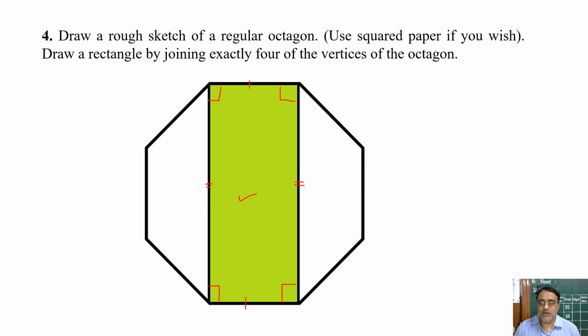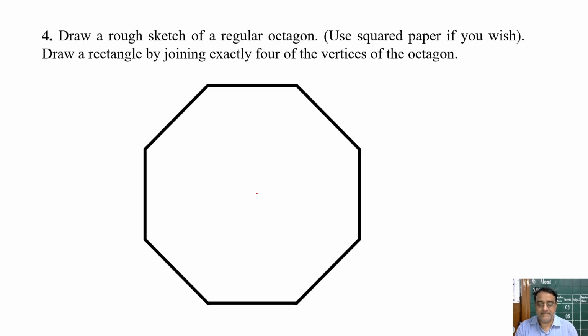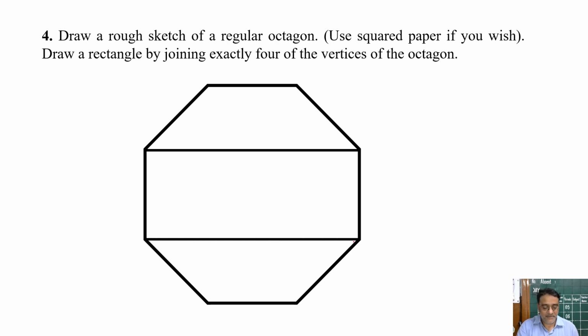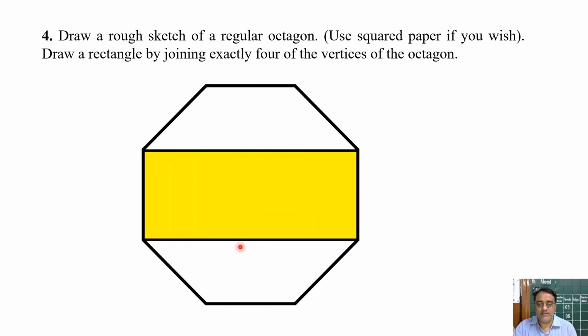Okay. So now I am going to join in another way. फिर से ले लिए. ध्यान से देखो. पहले इसको horizontal line से जोड़ते हैं, ये वाला, and this one. Okay. So here also these 2 are equal. See, these 2 are equal length, and these 2 are equal, and each angle here we are getting 90 degrees.